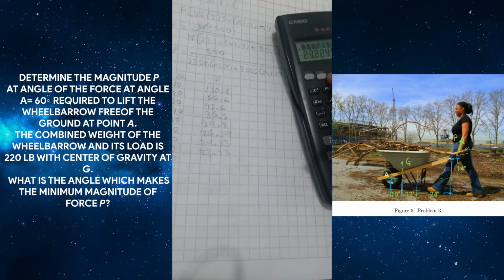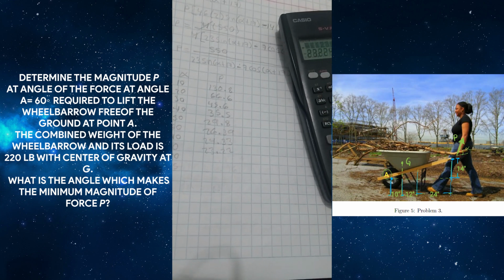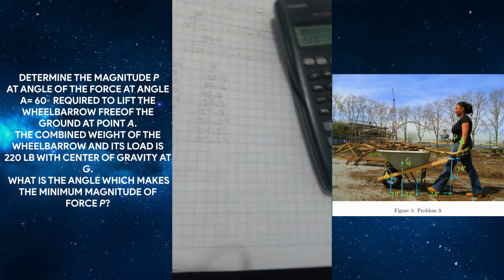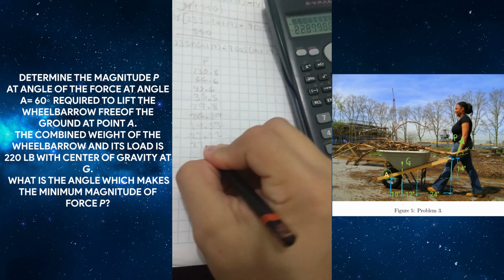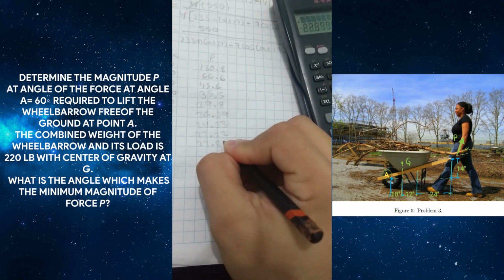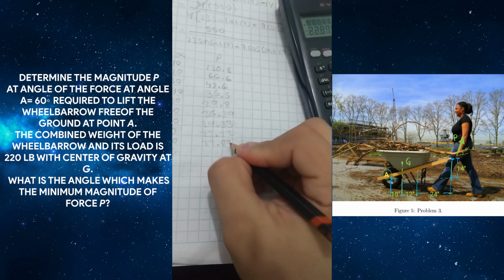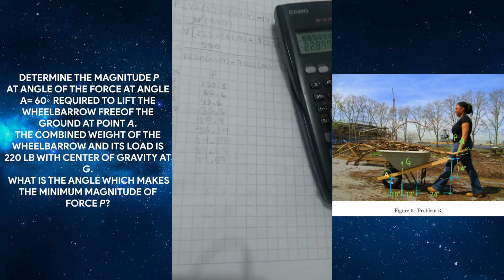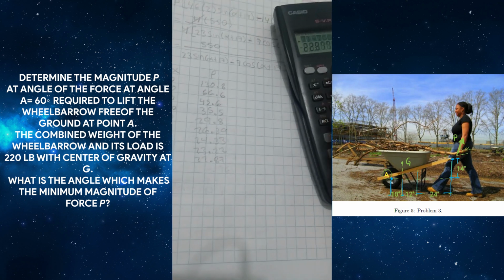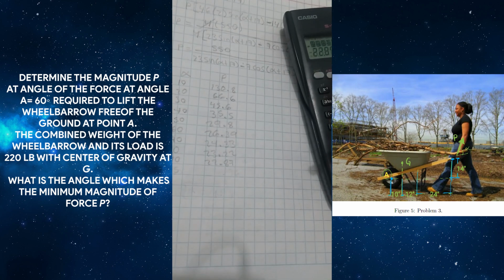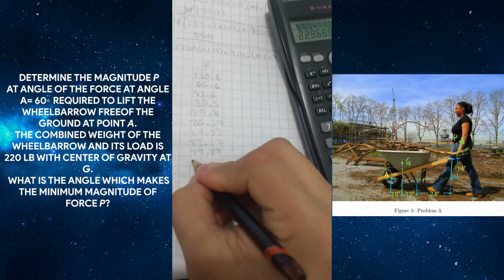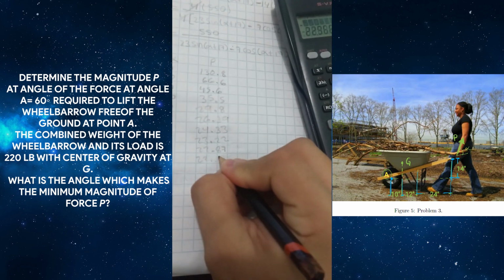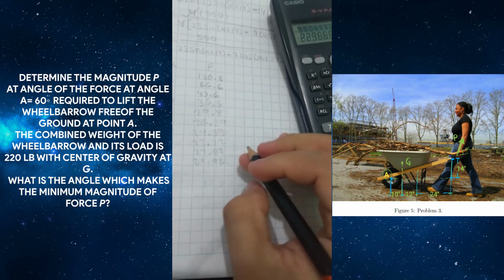At angle of 90, the value for P is equal to 22.87, and for 95, the value for P is equal to 22.96.